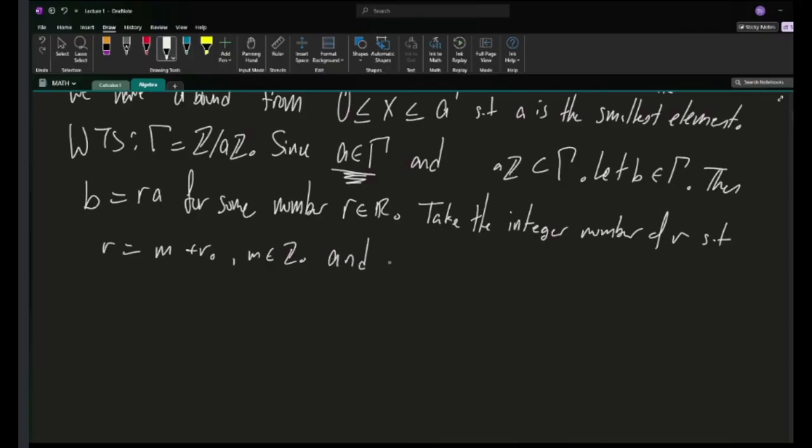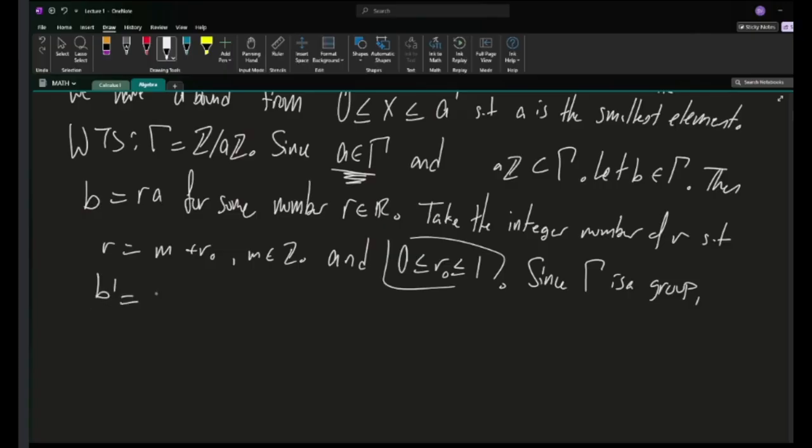And since R is a real number, R0 is between these values. Since gamma is a group, then B prime is equal to B minus MA.